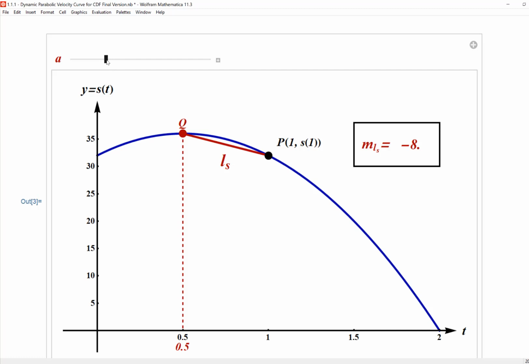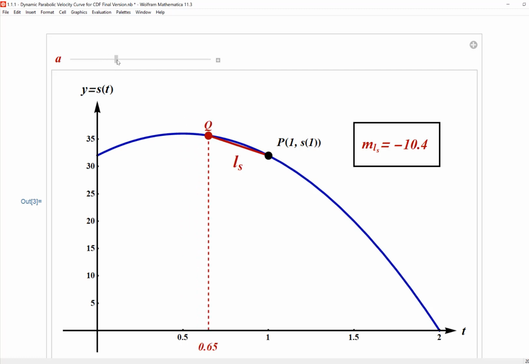Now let's think a little more. If I start moving Q really, really close to P, correspondingly, my t value down here is getting closer and closer to 1. We still have this line, the secant line connecting Q and P, and over here we're calculating that slope based on the formula that we saw a moment ago.